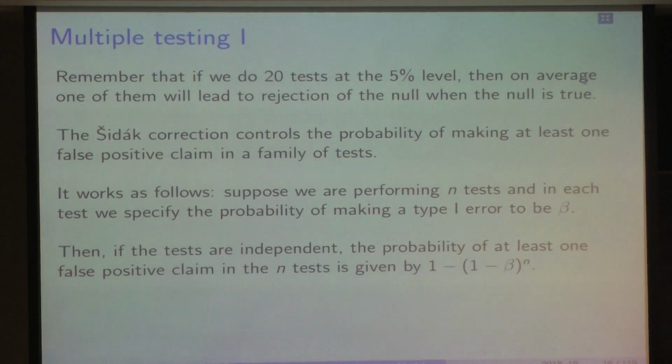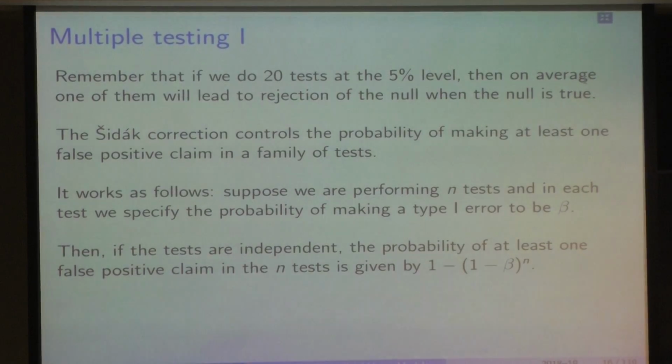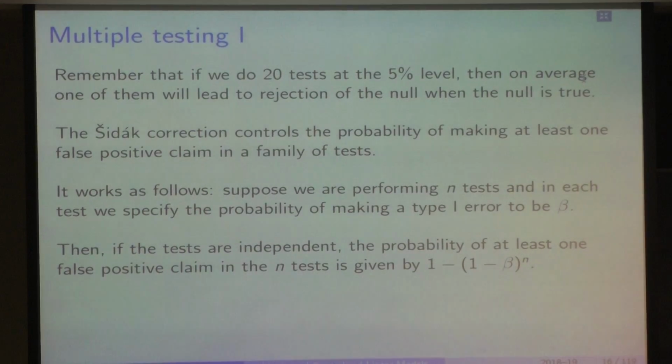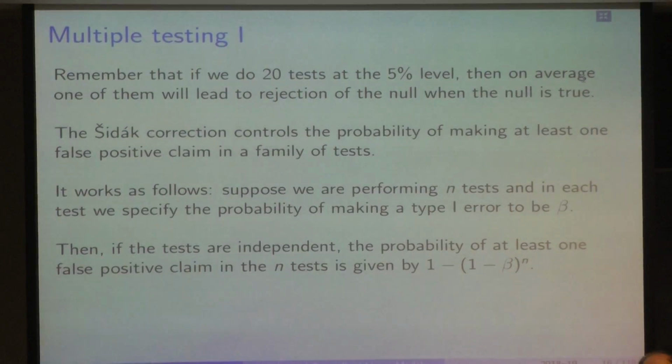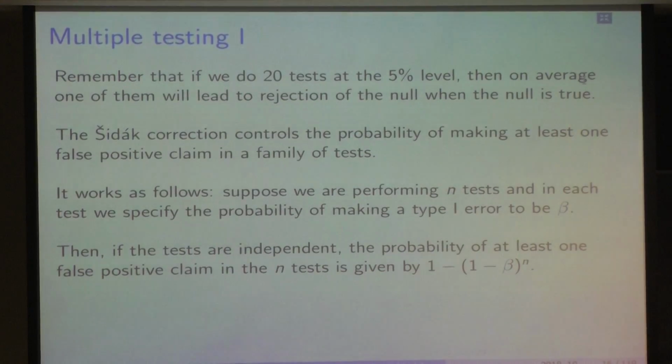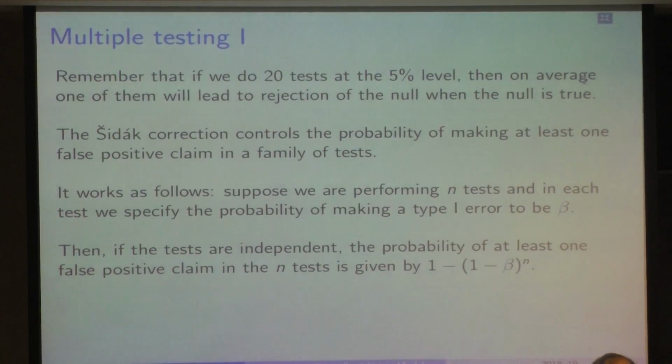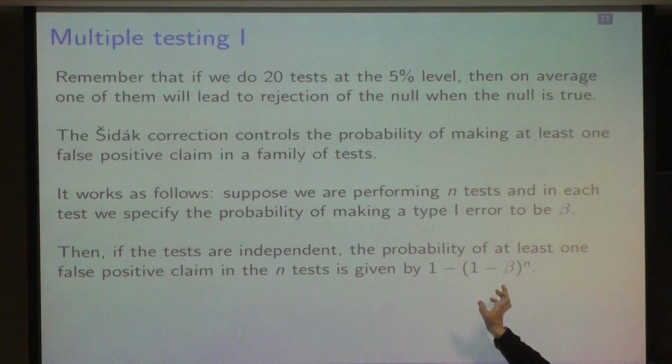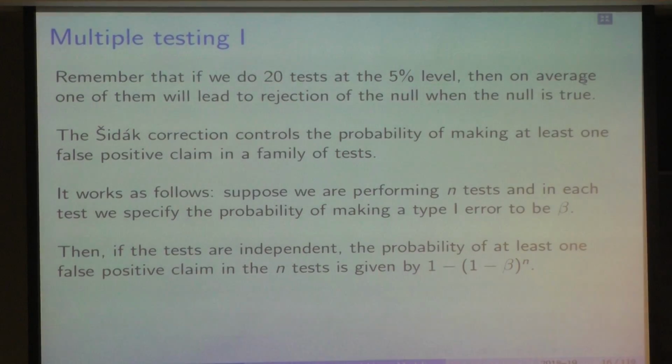Because the probability of not getting a false positive on each test is 1 − β. So the probability of not getting a false positive at all, assuming independence, is (1 − β)^n. So the probability of getting a false positive is 1 − (1 − β)^n.